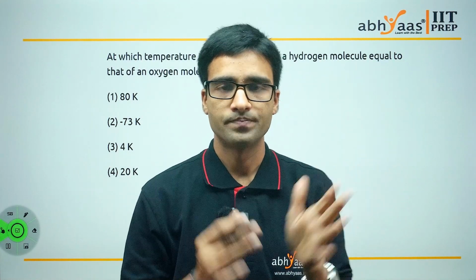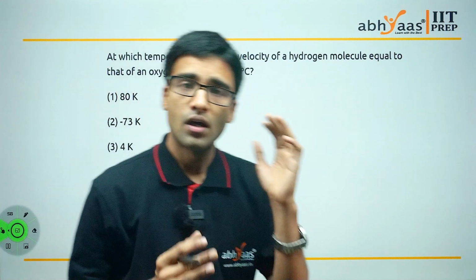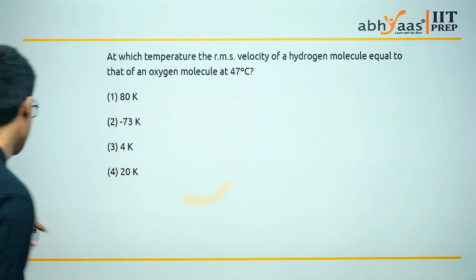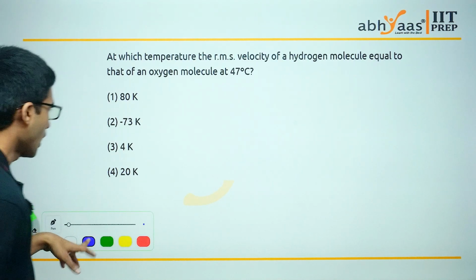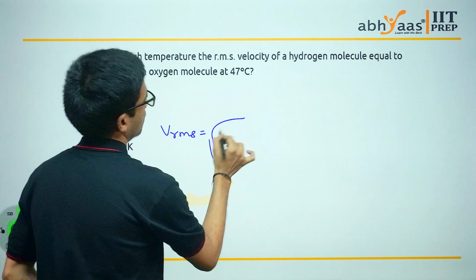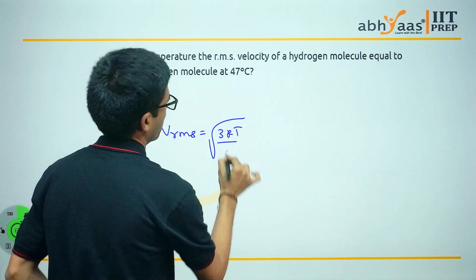At which temperature is the RMS velocity of hydrogen equal to the RMS velocity of oxygen? You know that Vrms equals root of 3RT by m.